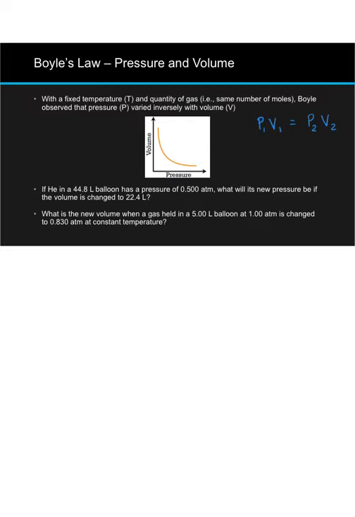We know that under an original set of conditions, the original pressure of the helium, P1, in this balloon was 0.5 atmospheres. And the original volume, V1, was 44.8 liters. A good means by which to solve gas law problems for this chapter is to come up with a list of all of the things that we know and try to assign them variables that match the equations that we develop.